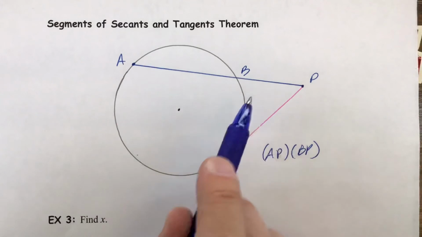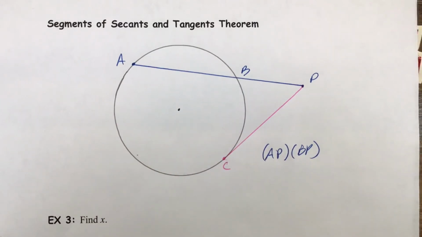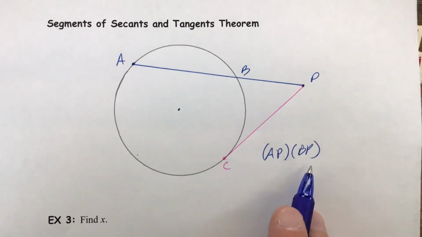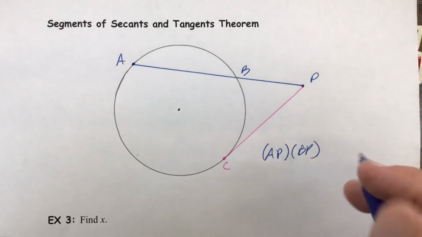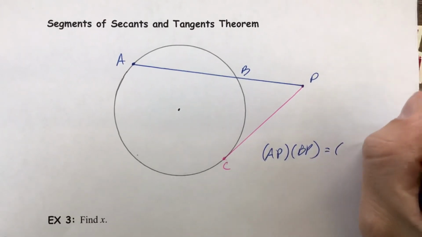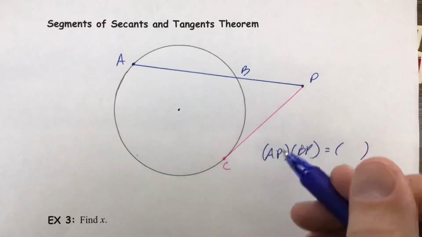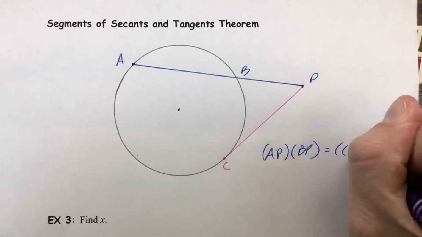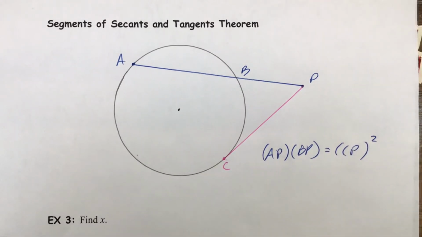It's going to be the whole length multiplied by the outside length. Of course, your tangent segment doesn't have two parts to it, but it does have a whole part and it also does have an outside part. It just happens that the whole part, CP, is the outside part, so this will be CP squared.